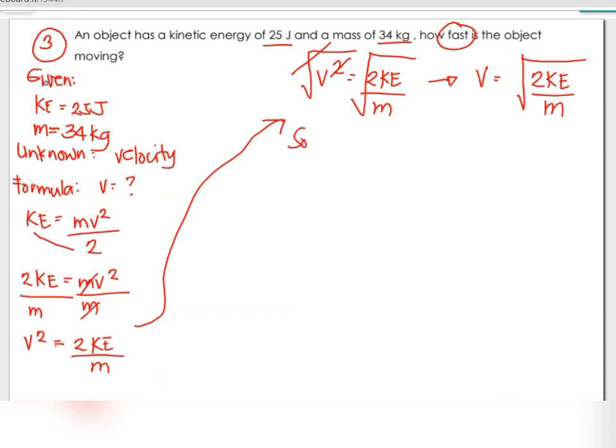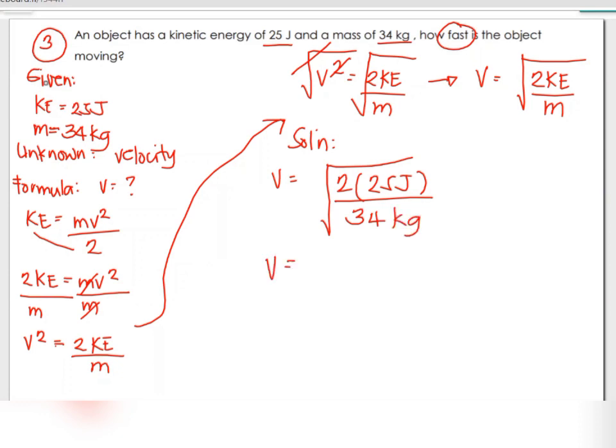So for our solution, yan, medyo very slight lang naman na nakakalito. Substitute tayo, V equals, kopyahin yung square root sign, 2 here, and then what is our KE? It's 25 joules divided by our mass, which is 34 kilograms. Okay? So, huwag kakalimutan, ilagay yung square root.